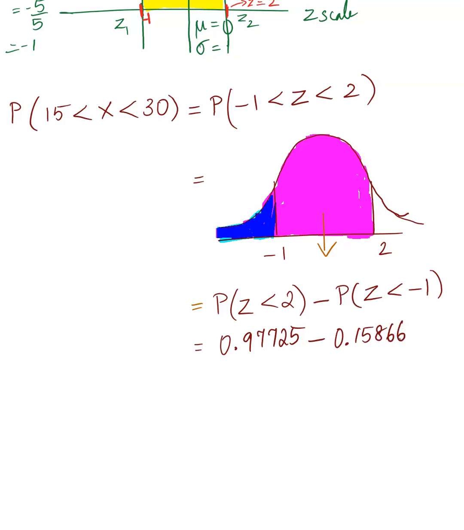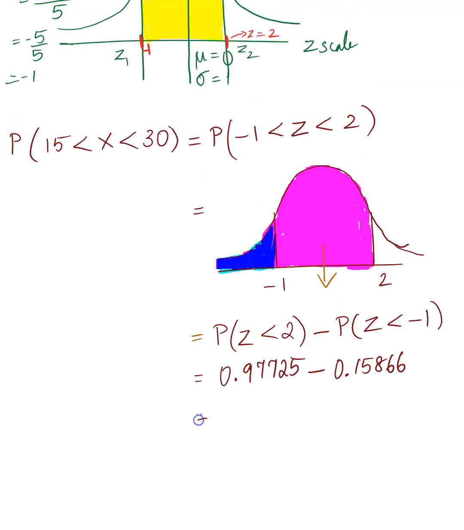Use your calculator and take the difference. That gives me 0.818594674. Okay, and so we can always round it. We always like to give it up to, I don't know, 4 decimal places. So we can kind of box it here.